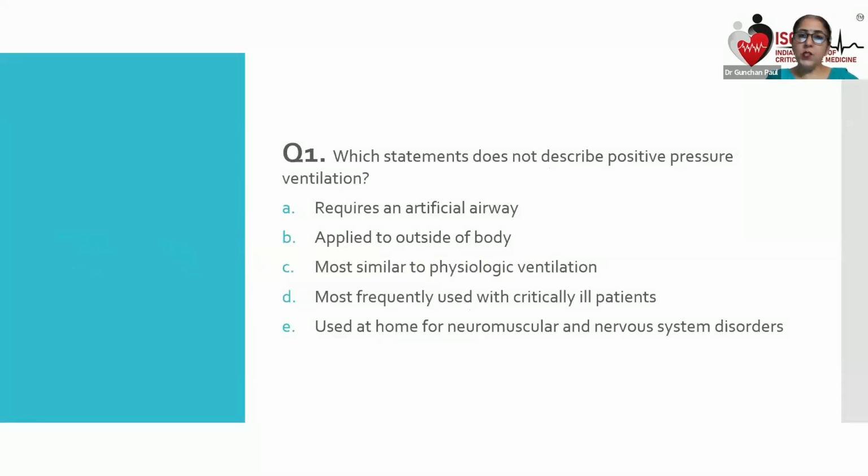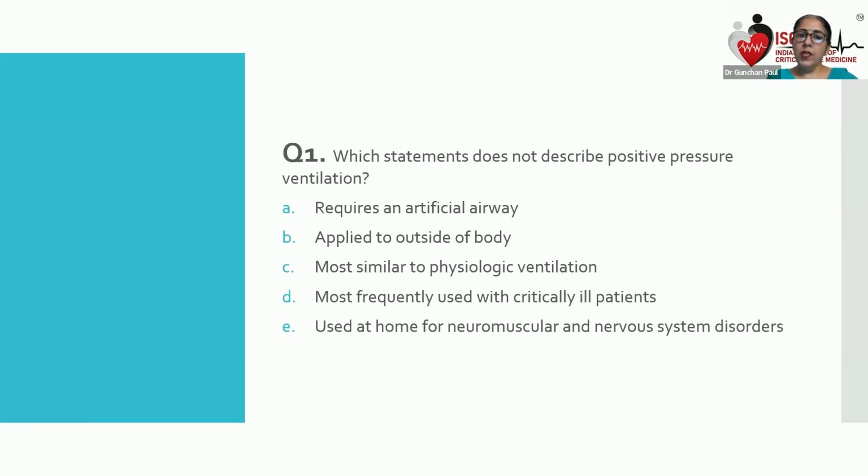Just a question here in the beginning, to know how much you understand about mechanical ventilation. Which statement does not describe positive pressure ventilation? A, it requires an artificial airway. B, it is applied to the outside of the body. C, most similar to physiological ventilation.